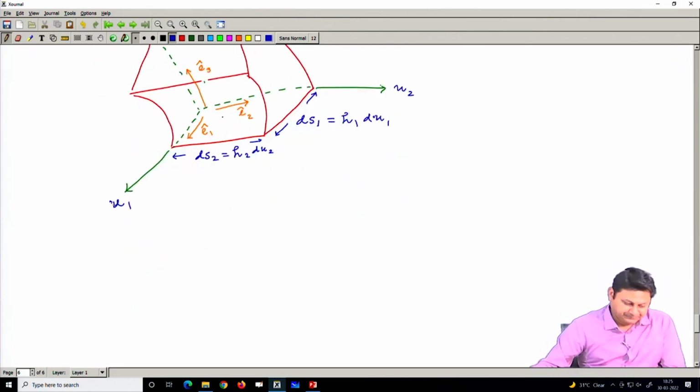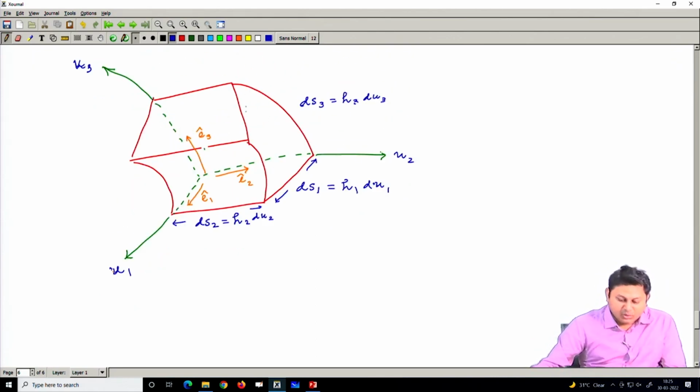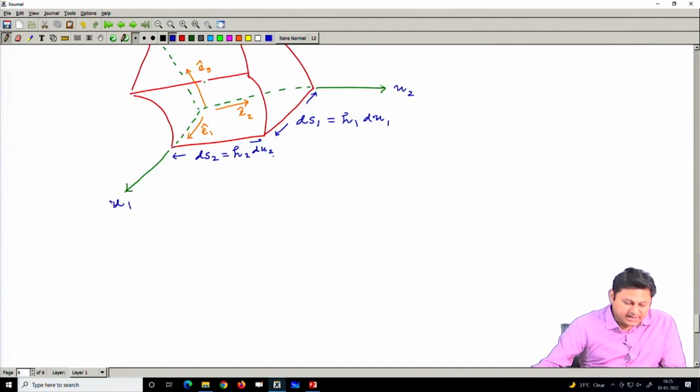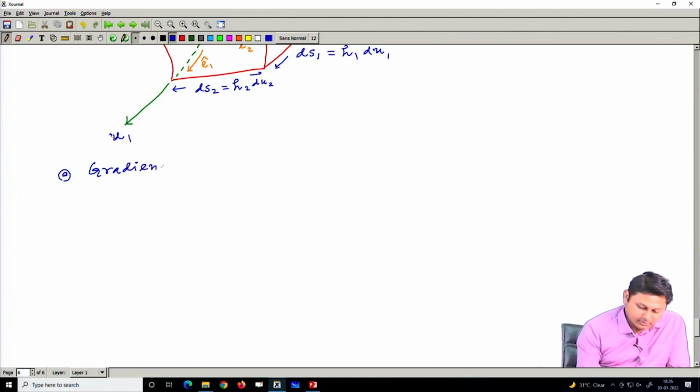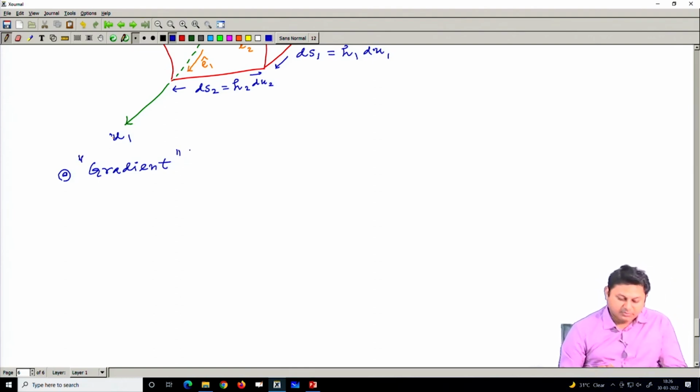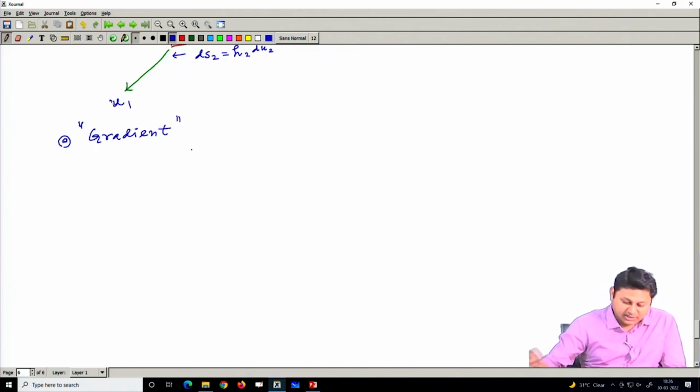Okay. Now, with this coordinate system, if I define the gradient of a function, how does it look? That is the first thing we will do today. So, I will try to find out the gradient operation. We know how the gradient operator operates, but for the curvilinear coordinate system, what is the form that we want to check.